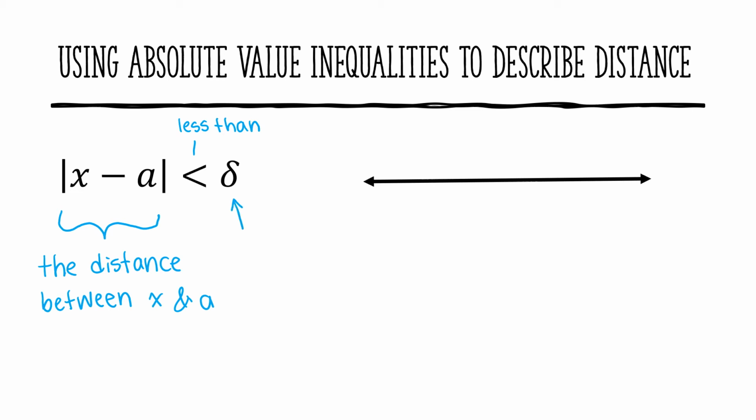This is a delta, the Greek letter delta, and we're using that to represent the greatest distance. So we want the distance between x and a to be less than delta.